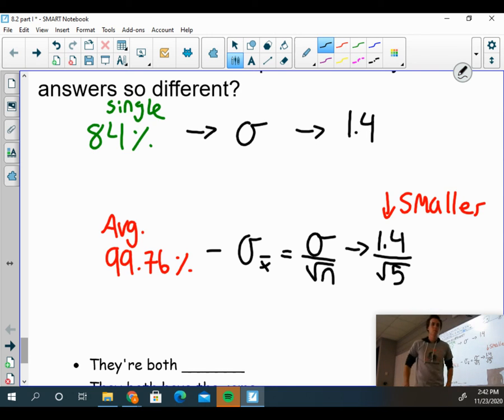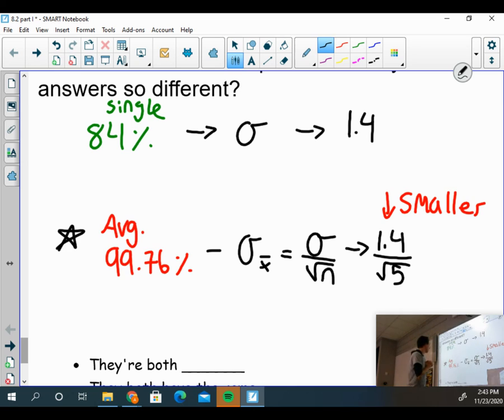What's the point? Your probability values, when you're working with the distribution of sample means, will always probably be a little bit higher than when you just work with the straight up population, because the standard deviation of the distribution of sample means is smaller. Smaller standard deviation, skinnier curve, more area between the data values we're interested in.